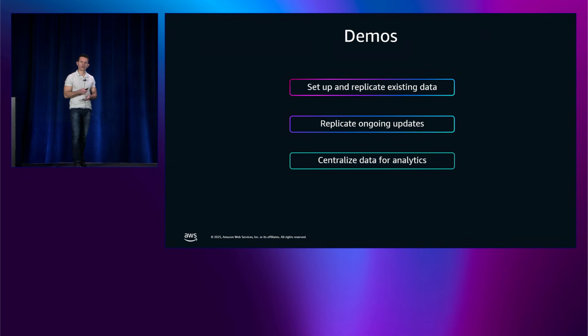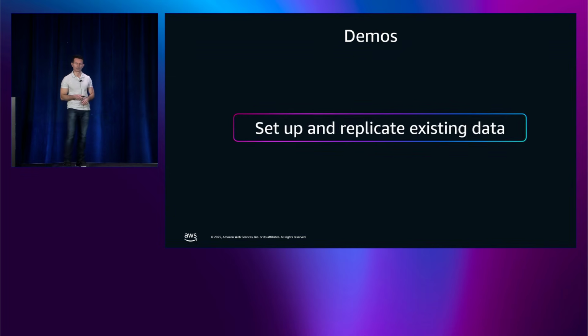We're going to look here also into how to monitor replication with the API that Aritra just mentioned. The third one is the most exciting in my opinion, which is a real-world scenario about centralizing data for analytics, and we're going to look into some interesting queries. After the demos, we're going to take a look into some interesting challenges that we faced while designing this new S3 tables feature. So let's dive into the first demo.